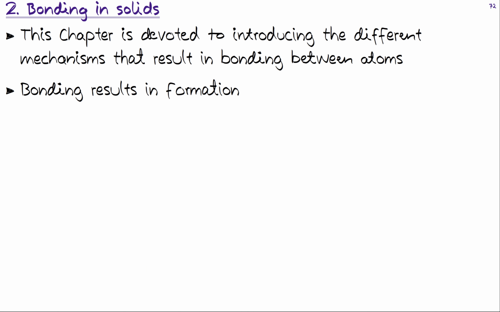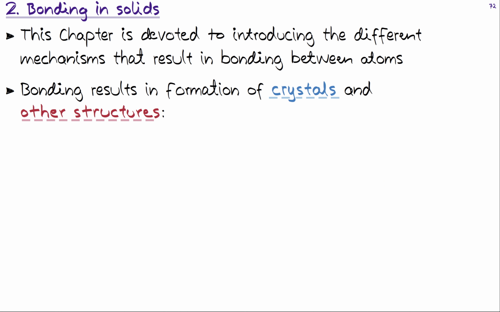And what happens subsequently is that when bonding occurs, we have a formation of crystals, so periodic structures, and in addition, of course, we will have formation of other structures that have order but may not be as periodic as crystals. For example, sugar and salt are good examples of the substances that we are covering here.